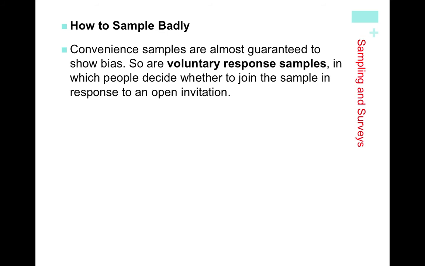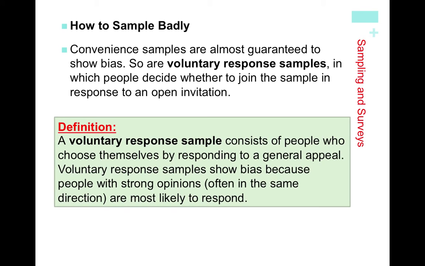So are voluntary response samples, in which people decide whether to join in a sample in response to an open invitation. So a voluntary response sample consists of people who choose themselves by responding to a general appeal. Voluntary response samples show bias because people with strong opinions, often in the same direction as the question, are most likely to respond. Okay, so you hear or watch TV or hear on the radio to call in or text in or write in.